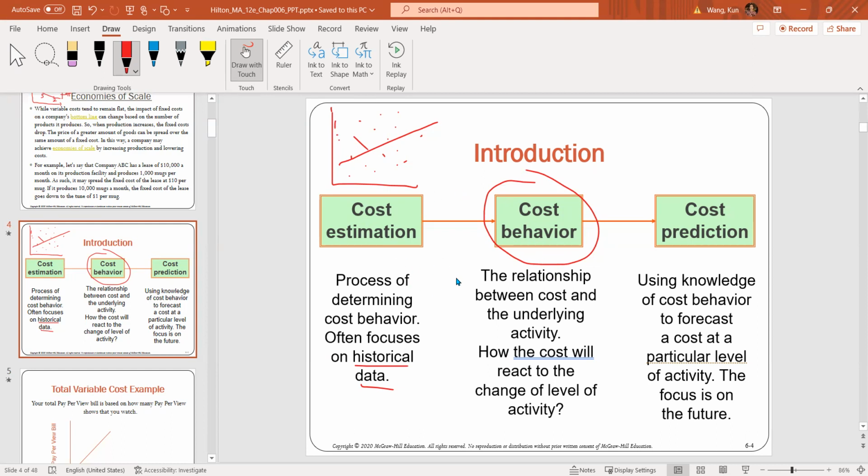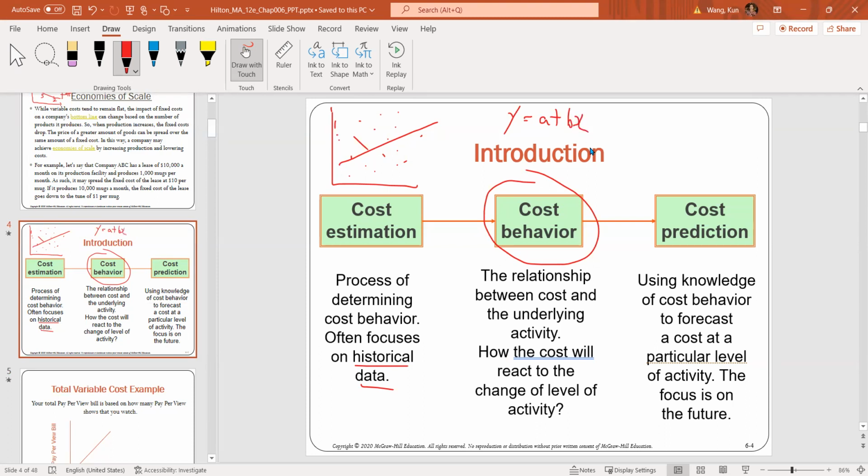How to analyze your historical data and use the techniques to separate it and construct a reliable model, so you can use the model to predict the future. Most commonly, we use a linear regression with one cost driver.